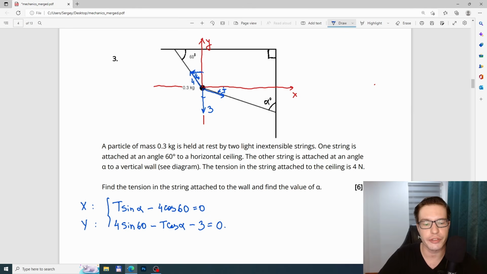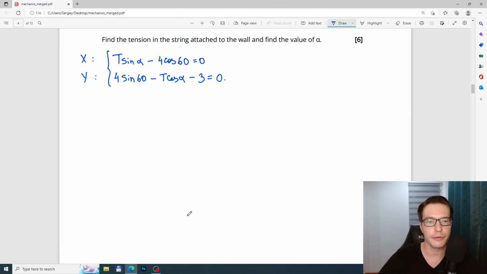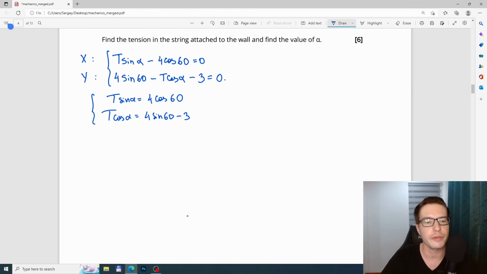Okay, so now we have simultaneous equations, and we'll have to solve them for T and alpha. To solve this, I'm first going to move 4 cosine 60 to the other side. And then I will also move T cosine alpha to the right side. Now I'm going to divide this equation, left side by the left side and right side by the right side.